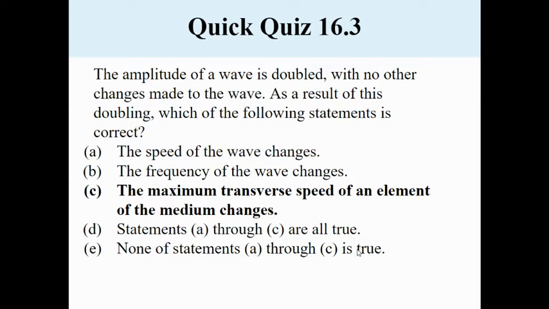And if you recall from the chapter on simple harmonic motion, the speed of an oscillator is proportional to the angular frequency and the amplitude of oscillations. So a taller wave will make the elements of the medium oscillate in this simple harmonic motion, and the speed, now being proportional to the amplitude, will be faster since the amplitude has doubled.